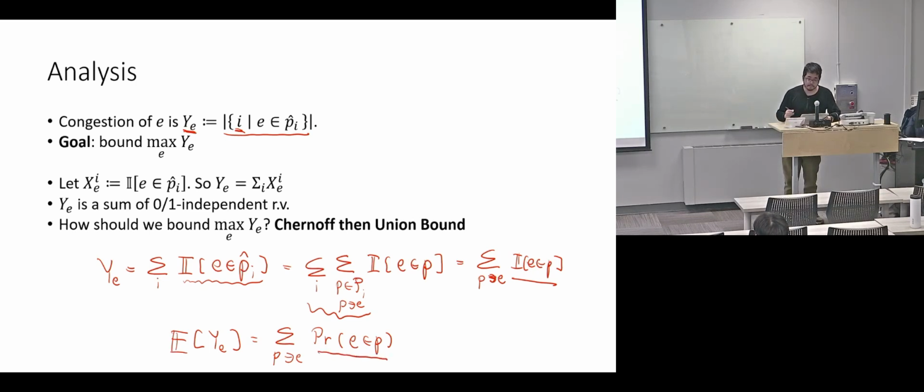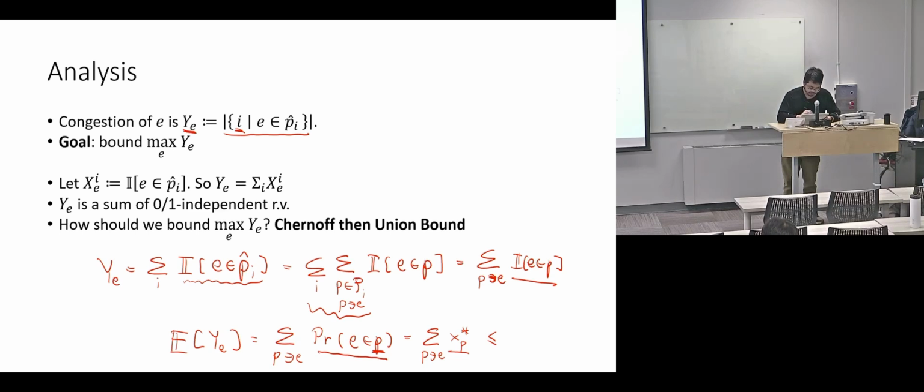Expected value of an indicator variable. It's the probability. Yeah, it's really just x star P, right? It's from, like, we choose the path P with this probability exactly.